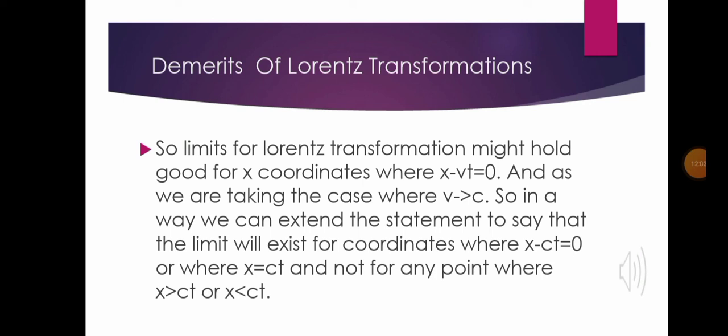And as we are taking the case where x is less than c, in a way we can extend the statement to say that the limit exists for coordinates where x minus ct is equal to 0, or where x is equal to ct, and not for any point where x is less than ct or x is greater than ct.